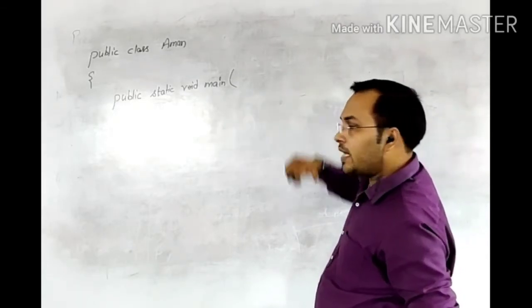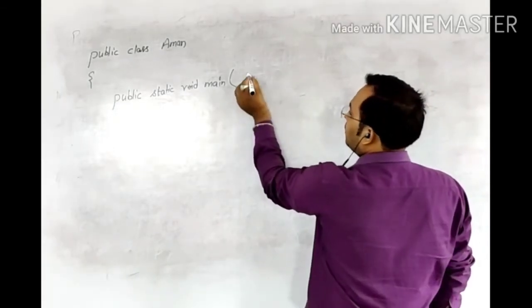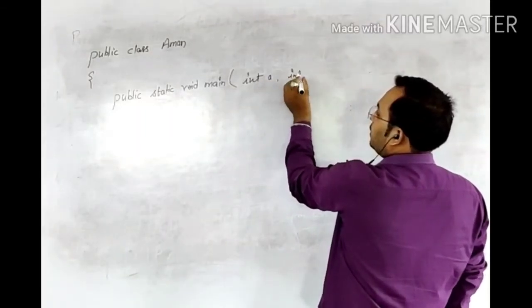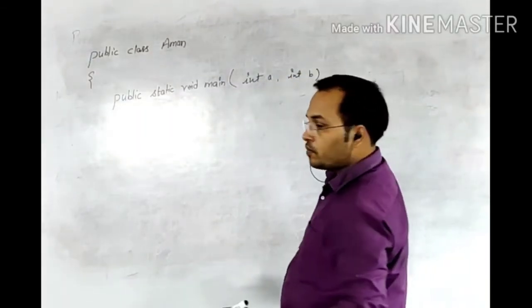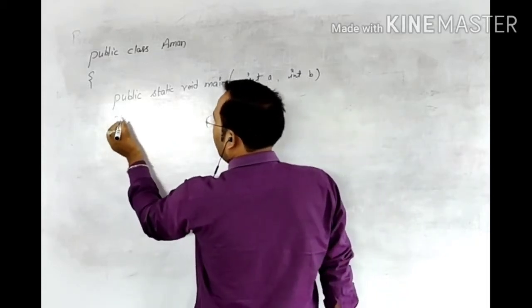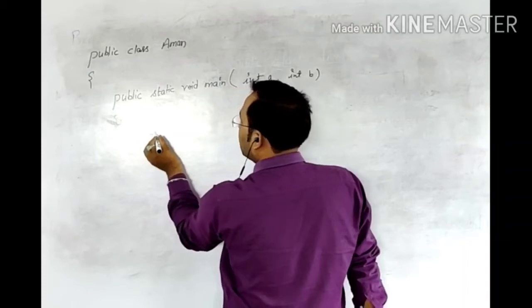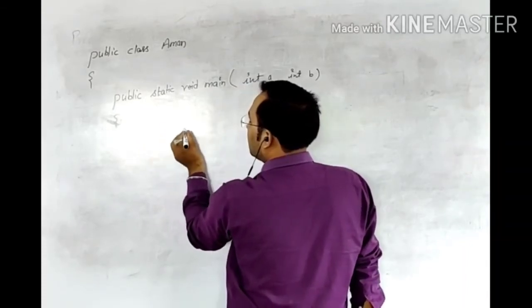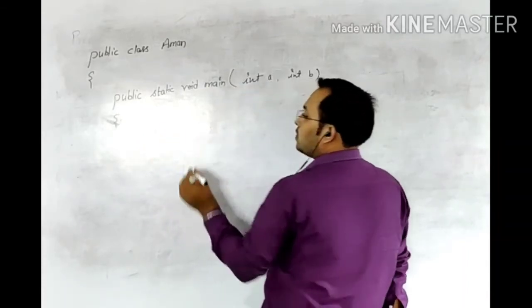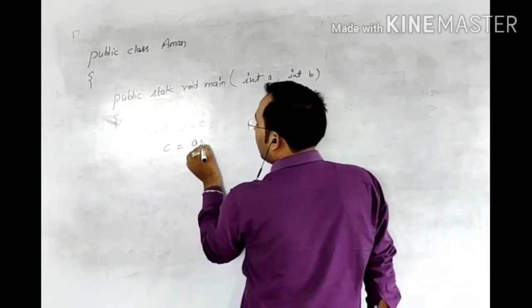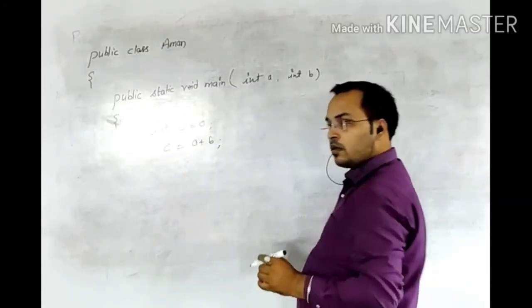Now in place of String args, we will write int a and int b. After that, give curly braces, and inside you write int c equals to 0, and then c is equals to a plus b.